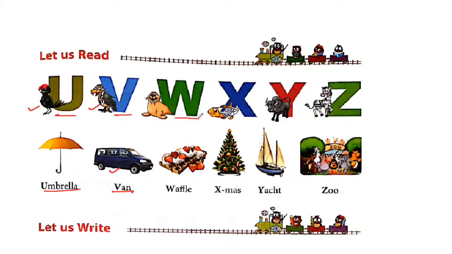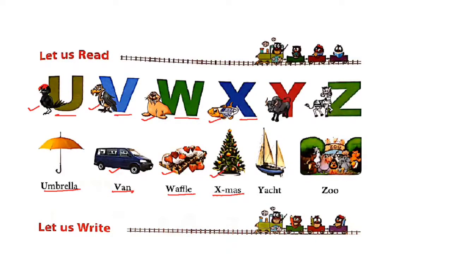Next, W. W for walrus, and also W for waffle, W-A-F-F-L-E, waffle. X, this is the picture of an X-ray fish. So X for X-ray fish. Xmas, X for Xmas.